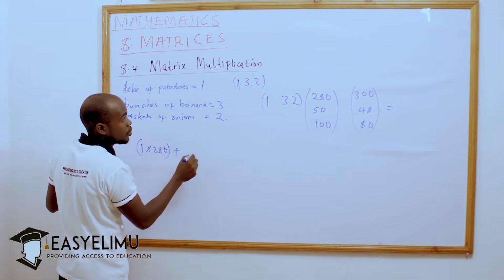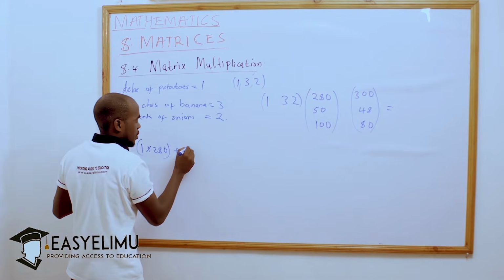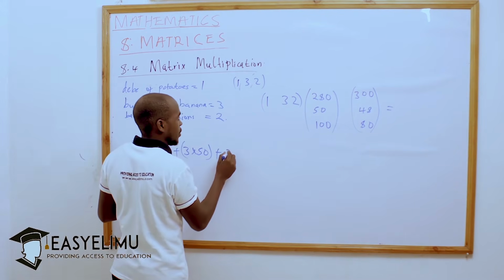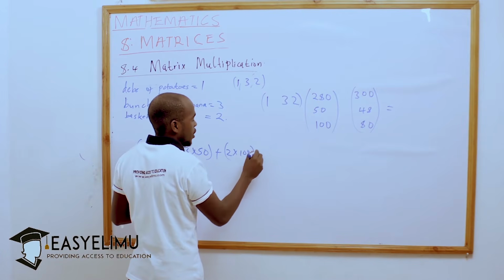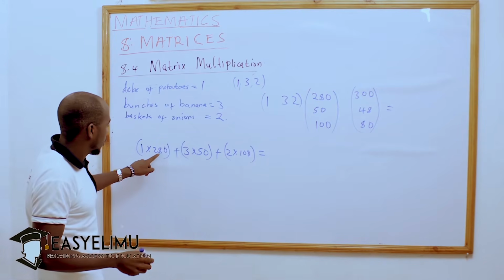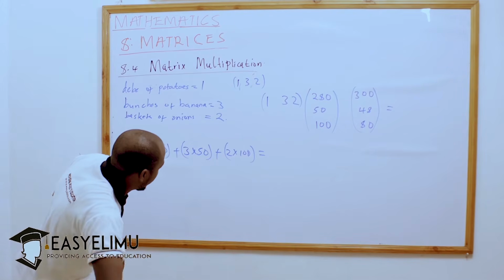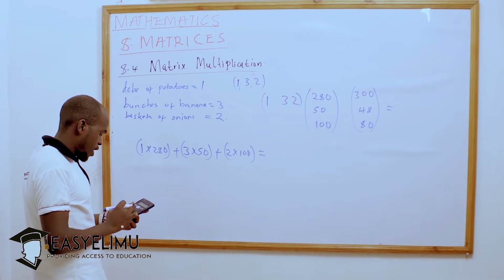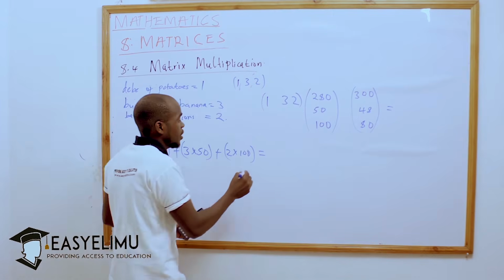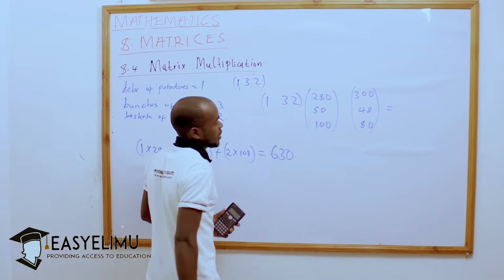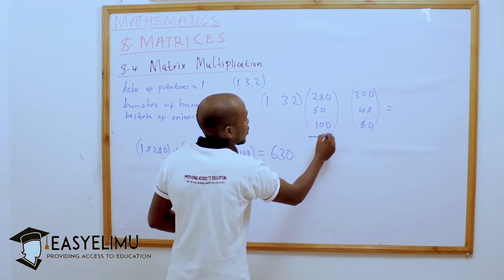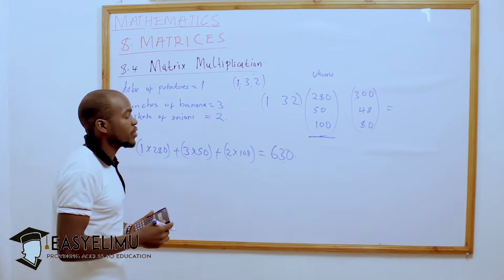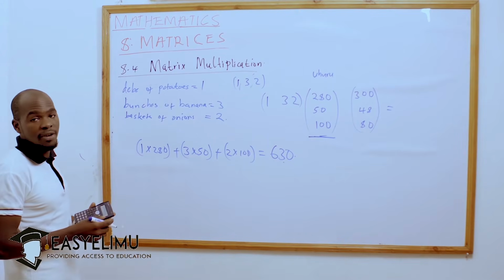Then we add 3 by 50, then we add 2 by 100. That will give us 280 plus 150 plus 200. This is going to give us 630. So for Uhuru Market, the total cost that was spent is 630.